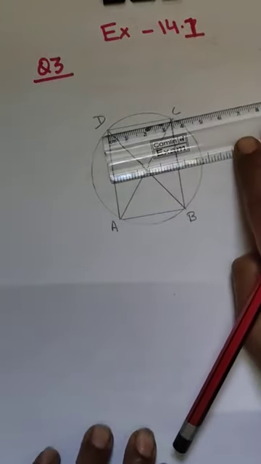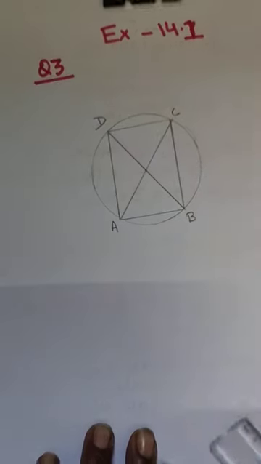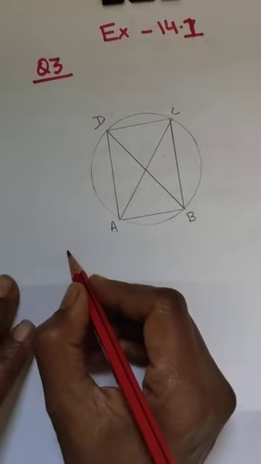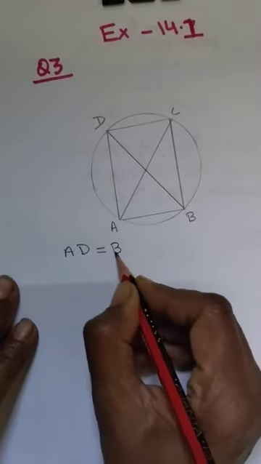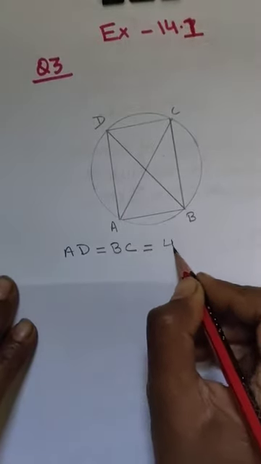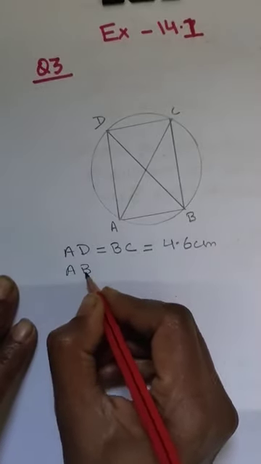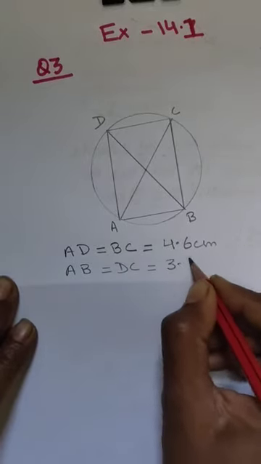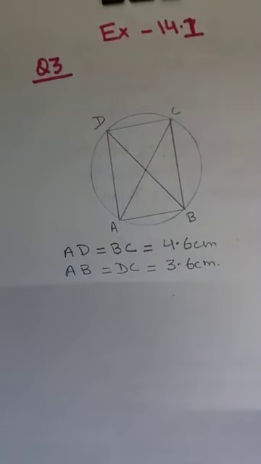Same DC, it is also 3.6 centimeter. So you can see while measuring that AD equal to BC, which is equal to 4.6 centimeter, and AB is equal to DC, which is equal to 3.6 centimeter. So as opposite sides are equal, so it is a rectangle.